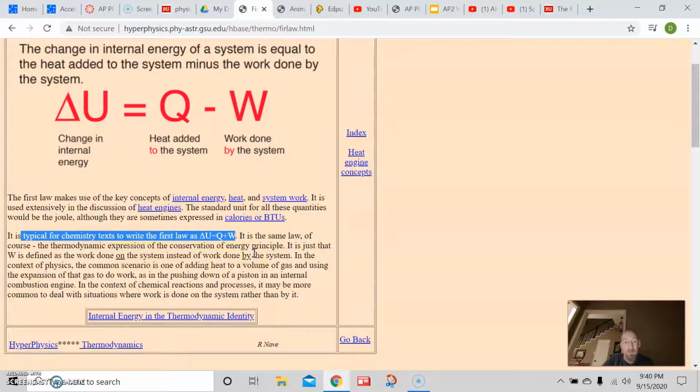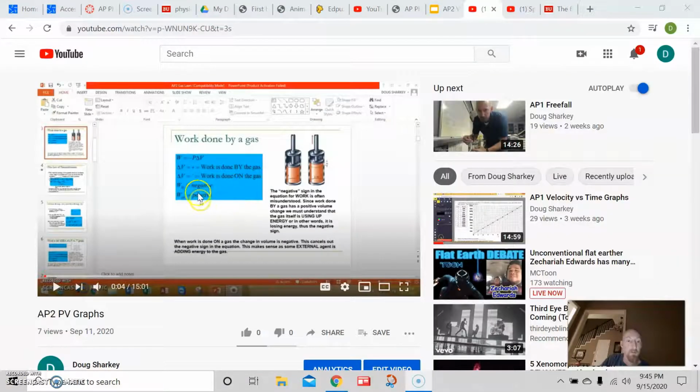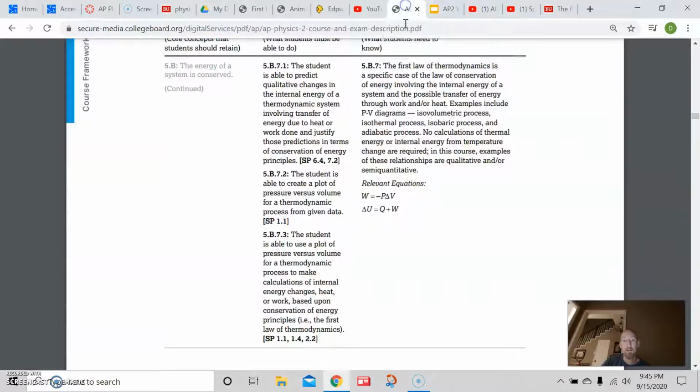And it depends on whether you're a chemist or a physicist as to whether you want to talk about it being the work done by the system, in which case it would be negative, or the work done on, which would be positive. In the very first video, I said work by was negative because I'm approaching it from an engineering point of view, but evidently College Board is not.